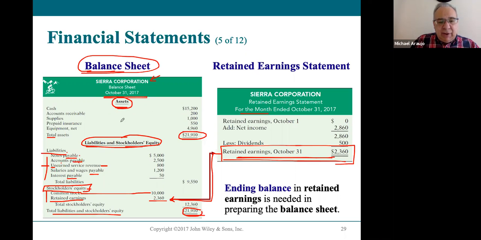So you have a lot of different things here. The assets, again, the resources, they do tend to be listed in the order of liquidity. You'll learn more about that in chapter 2. But cash certainly is an asset. And when we say cash, we really mean all of the company's cash. Most companies keep their cash in a bank. They have their own bank accounts.